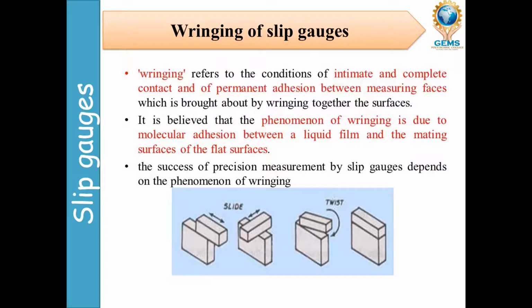Ringing refers to the condition of intimate and complete contact and permanent adhesion between the measuring faces, which is brought about by ringing together the surfaces. Measuring faces का जो permanent adhesion, means दोनों combine करके रहेगा by using a ringing.